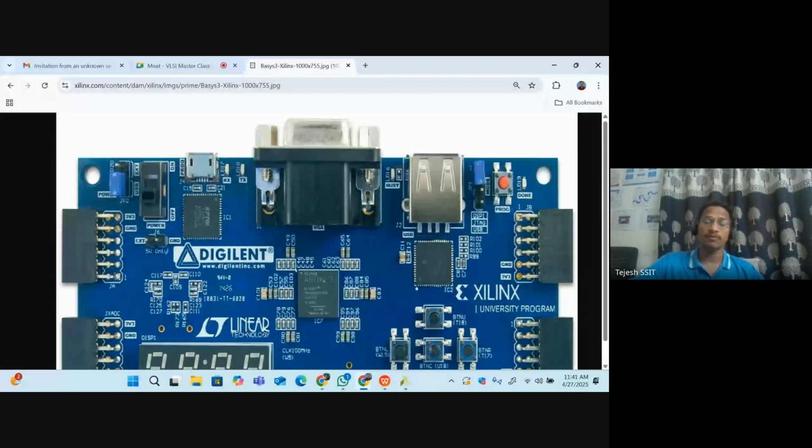We are guiding my students, and they have done many kinds of games, like a ping pong game, a dinosaur game, and a Shinchan game. They have developed the Shinchan game also, and they are doing a Doraemon game and some other games using the FPGA board.